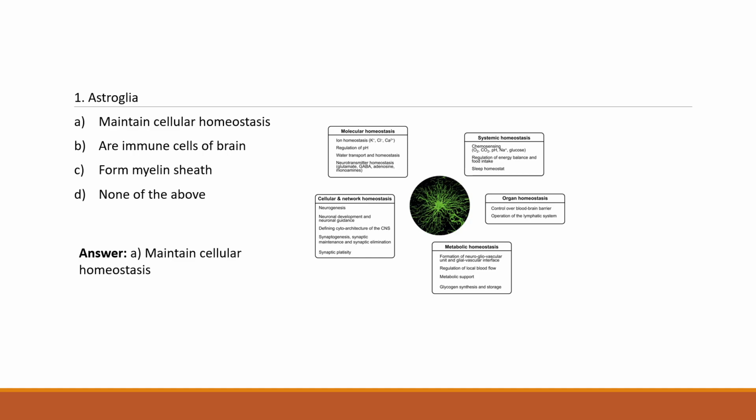Then, synaptogenesis, synaptic maintenance, and synaptic elimination. So, your synaptic plasticity, that is the dynamic nature of your synapses, is also maintained with your astroglia. So major of your complete cellular homeostasis is under the control of astroglia.